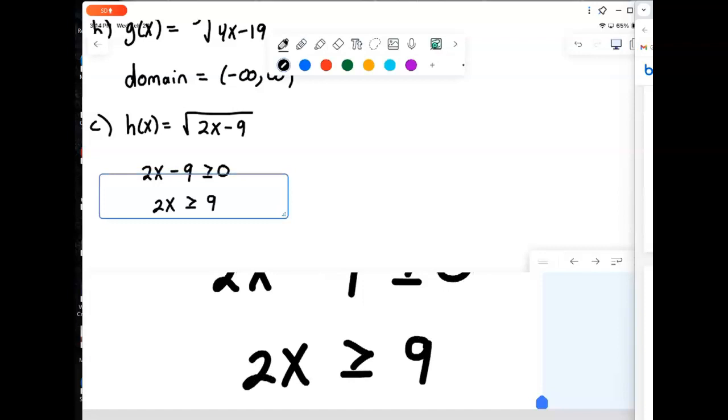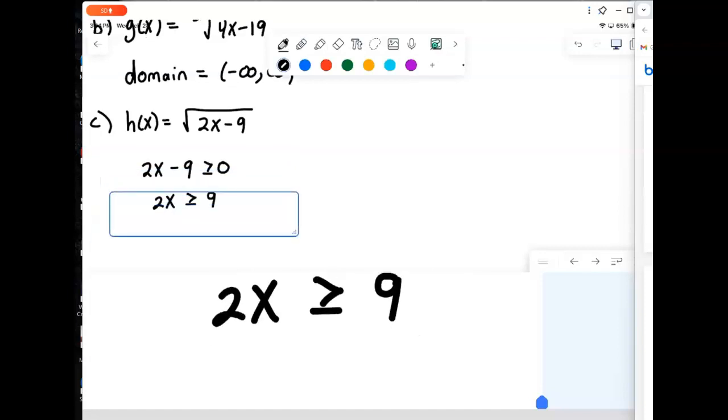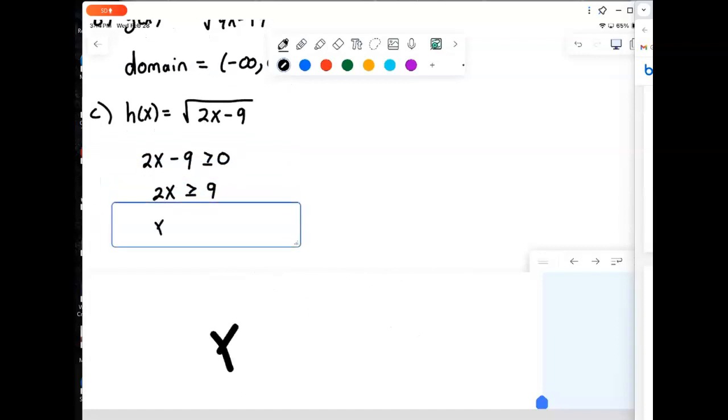Now we then divide by 2, and since we're dividing by a positive number, the inequality remains in the same direction. Had that been a negative 2 instead, and we divide it by negative 2, that's when we would reverse the direction of the inequality. So here we get the inequality x greater than or equal to 9/2.